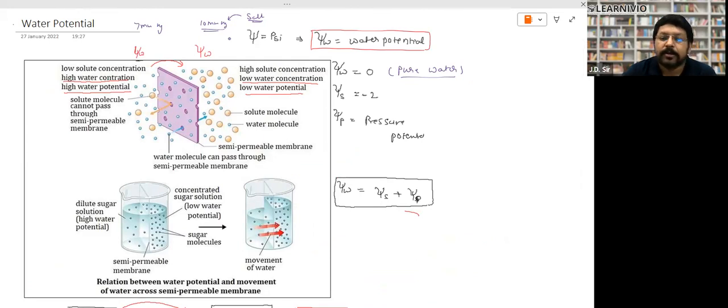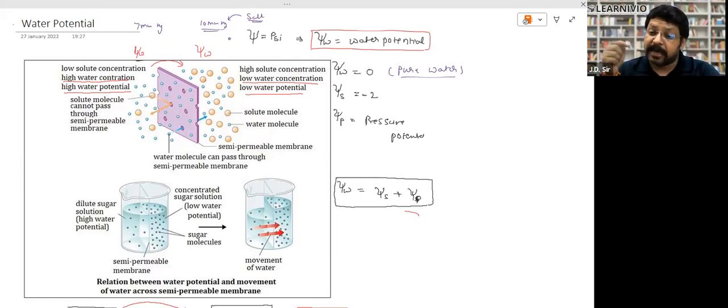So, sir, pure water will have more potential. Yes, pure water will have maximum potential. And what is the maximum value? 0. Free energy, right? Pure water has maximum free energy, and that we call psi w, and that will always be 0. This question I have been asked many times, right?